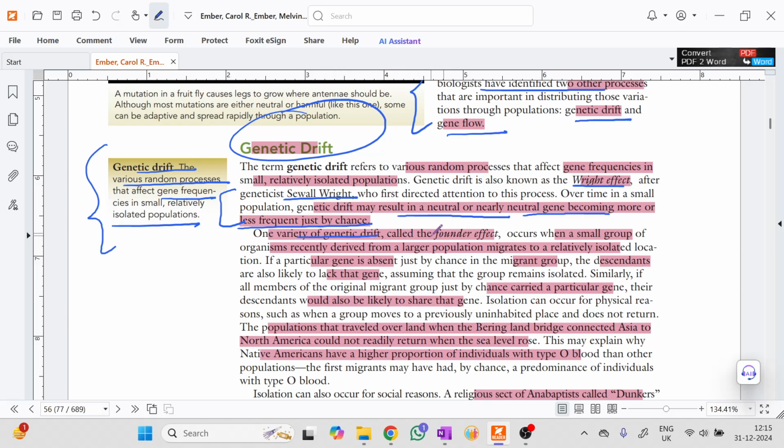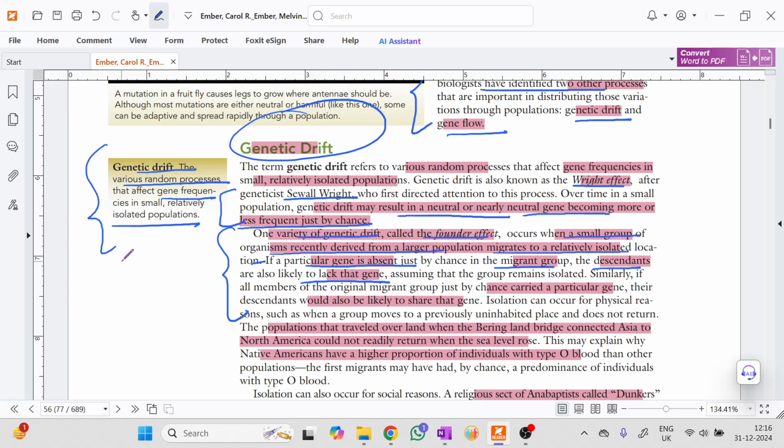One variety of it is known as the founder effect. It is when a small group of organisms recently derived from a large population migrates to a relatively isolated location. If a particular gene is absent by chance in the migrant group, the descendants will also lack that gene. So out of a large population, if a small population has migrated and stays isolated, there will not be any genetic exchange between the daughter and the parent population.